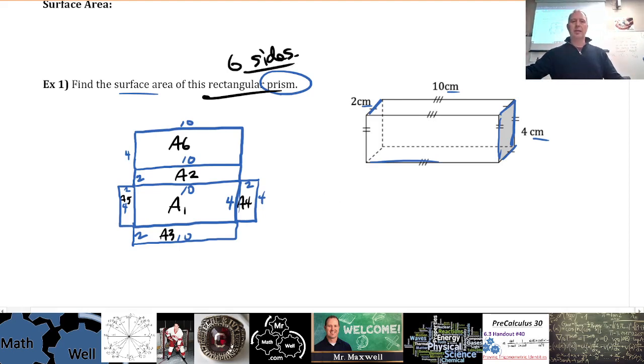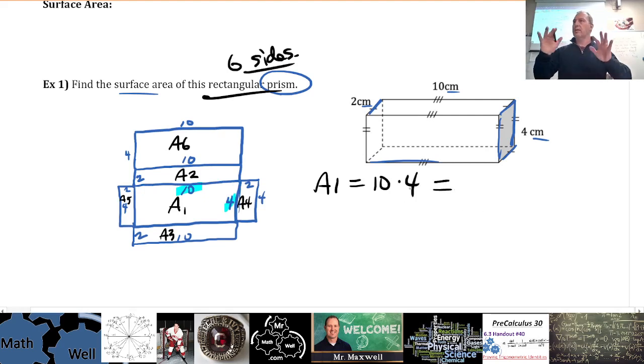So let's do this. How we're going to do this is we're going to do A1. Area 1 is going to be 10 times 4. Length times width. Everyone see that? 10 times 4. And we are going to do these individually. So I want you to write this out exactly like I'm doing it so that you have in your notes a model of exactly how it should be done 100%.